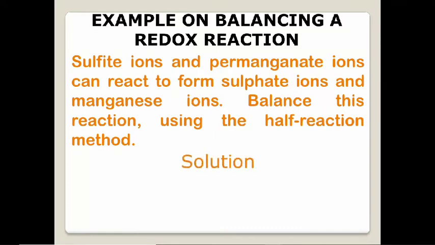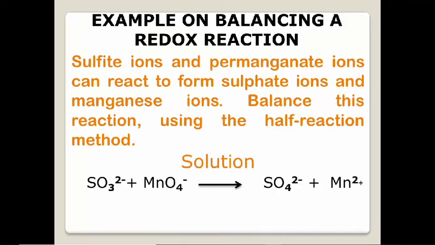So the first thing is to write out the equation that represents the reaction. And this is the equation representing the reaction. Sulfite ion SO3 2- is being added with permanganate ion MnO4-, and they gave sulfate ion SO4 2- and manganese ion Mn2+.